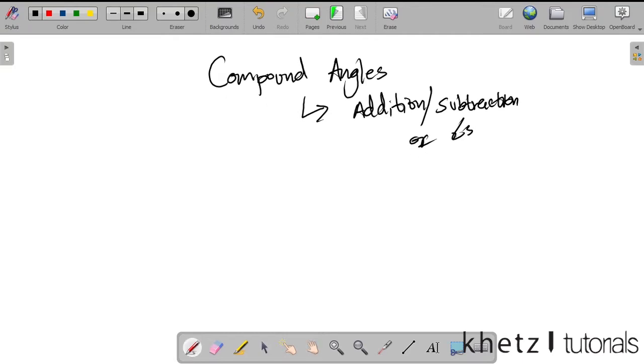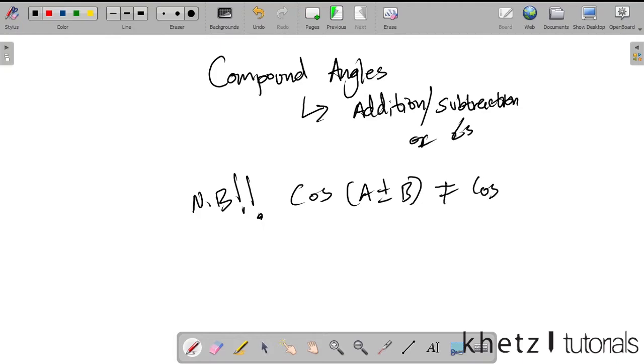Before we start, please note that if you have cosine of a plus or minus b, it is not equal to cosine of a plus or minus cosine b. You don't distribute the cosine to each of the angles found in the argument.